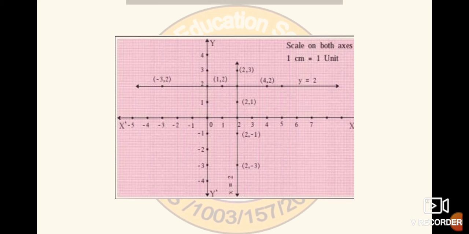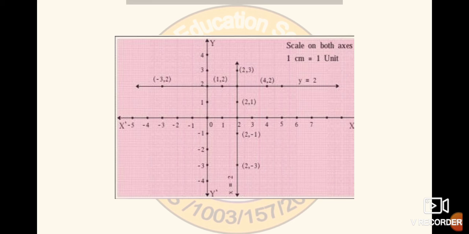That line has passed through 2 on the y-axis. मराठीत थोडंसं सांगतो बघा, वाय ॲक्सिसवरच्या 2 मधून ती पॉईंट लाईन पास झालेली आहे आणि ती एक्स ॲक्सिसला पॅरलल आहे. Why is it parallel to the x-axis? Because its y coordinate is the same. Means if the y coordinate is the same, the line will be parallel to the x-axis and it will pass through the point which is common, that is 2.